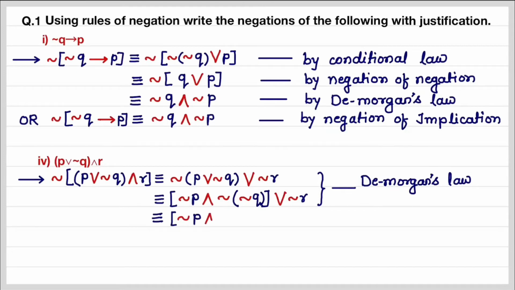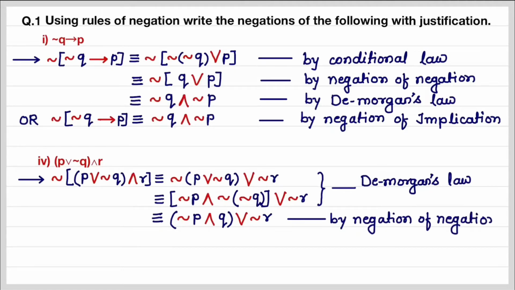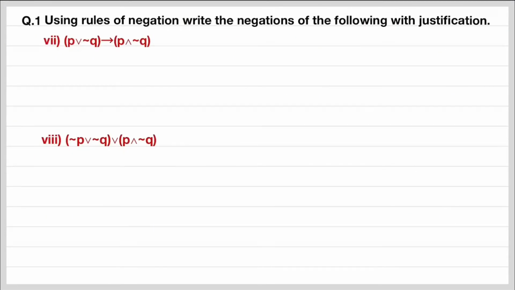Now negation of Q is equivalent to Q, because negation of negation is equivalent to statement itself. Here again reason is negation of negation. So negation of given statement is negation of P and Q, or negation of R is the negation of given statement.